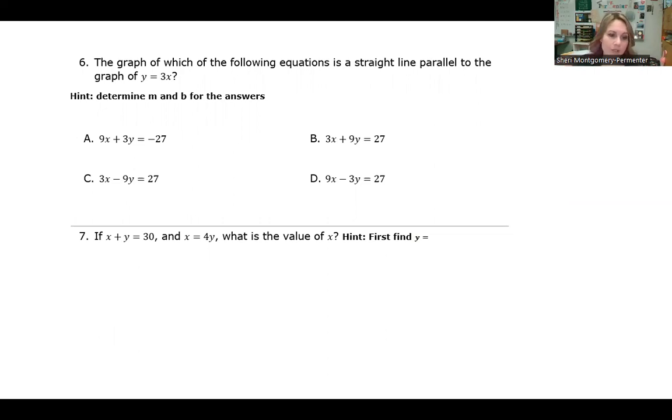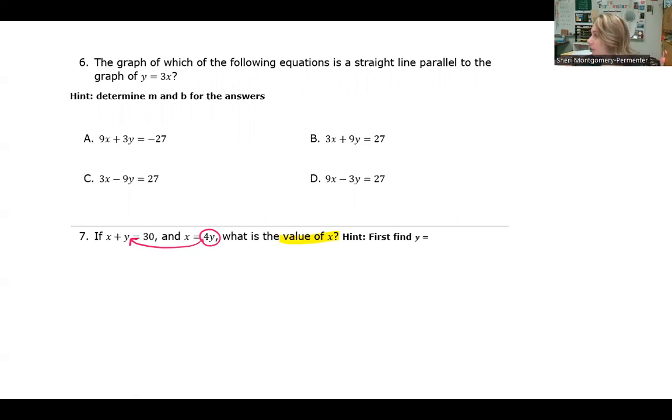A lot of what we do in here is repetition. So the more times we do something, the more likely we are to remember it. So for this one, it says x is equal to 4y. So I can take that and plug it in for y again. And we have to remember that our answer is trying to figure out what x is equal to.